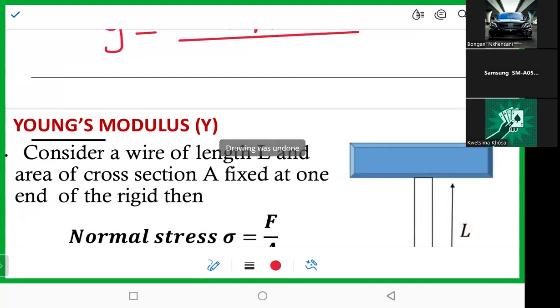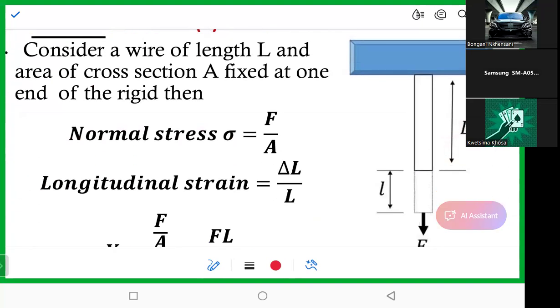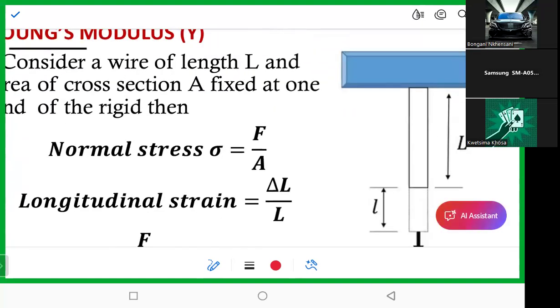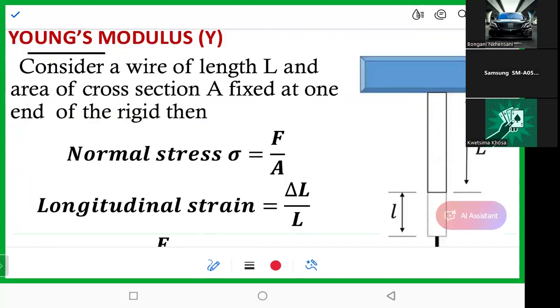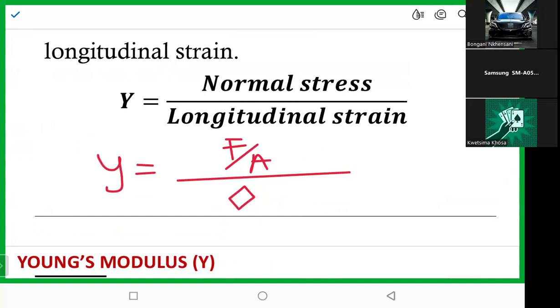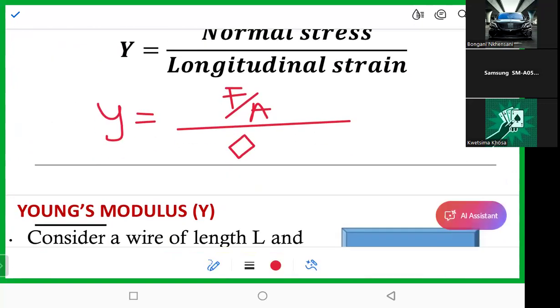You must know it, they might not give it to you in the test. And don't forget, we must write it this way. Don't say stress over strain, they might penalize you. Write it as normal stress over the longitudinal strain.